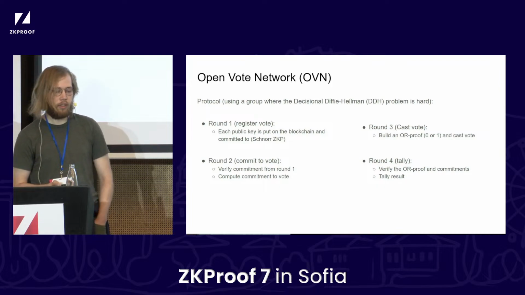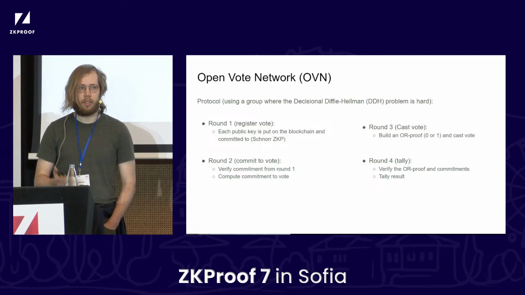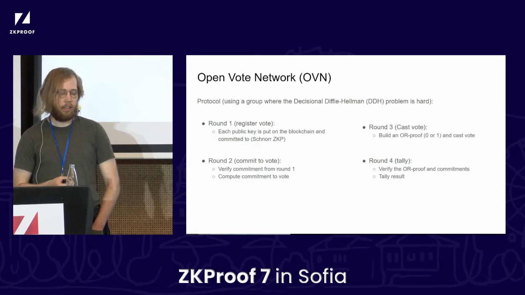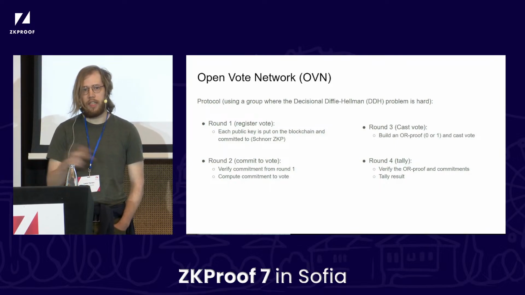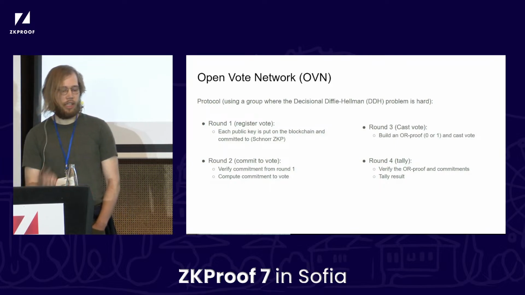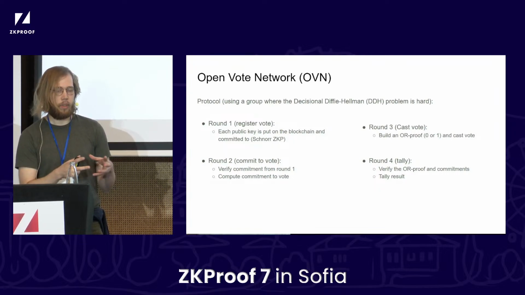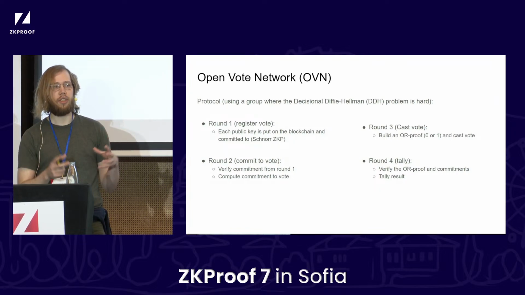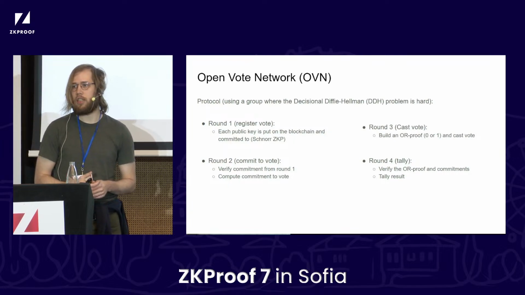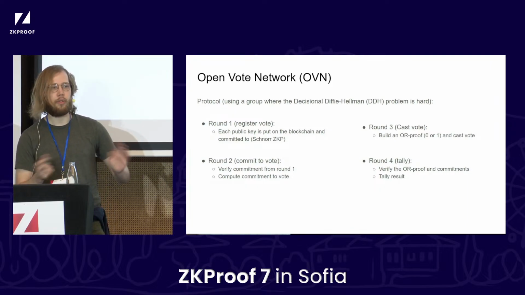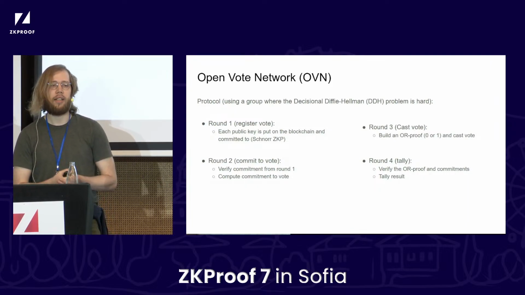In the third round, everyone shows that their vote is either a 0 or 1 and casts their vote. And in the final and fourth round, everyone just validates all the commitments and tallies the result. The protocol is built up in a way where the final result is just a combination of all the parts given, and you end up with the result being in the exponent, so you just brute force the exponent.